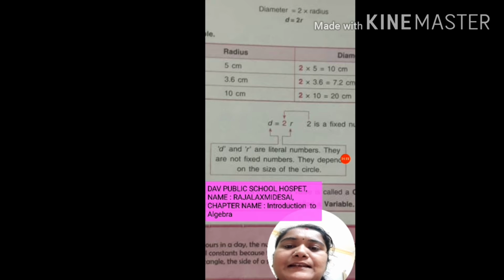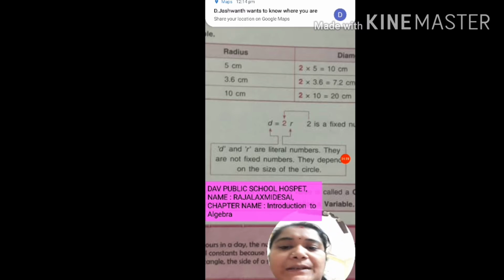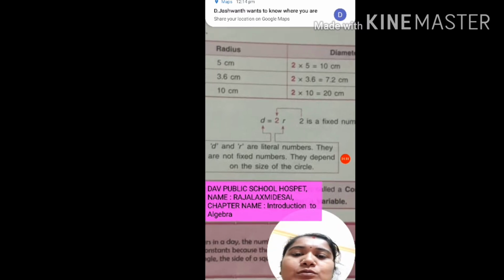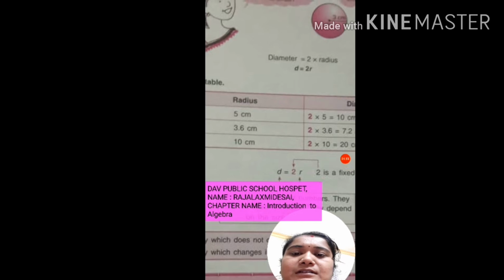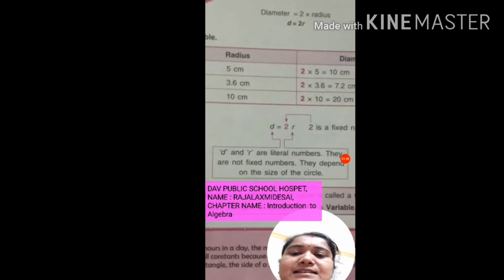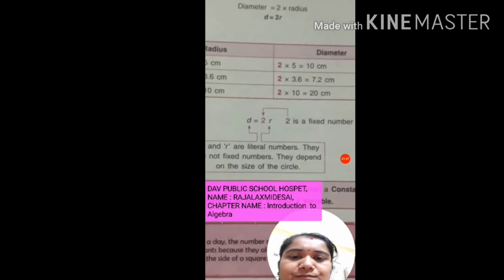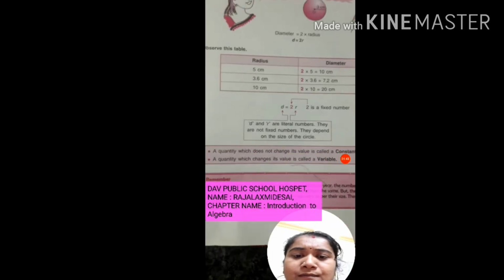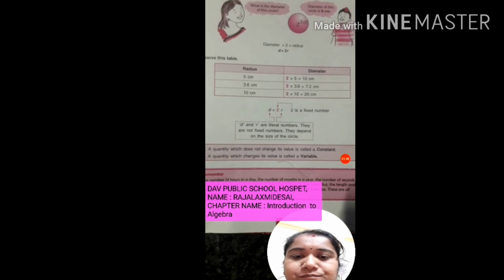If our radius is 3.6 centimeter, then the diameter will be 2 into 3.6, which is 7.2 centimeter. In the same way, if radius is 10 centimeter, then the diameter will be 2 into 10, which is equal to 20 centimeter.